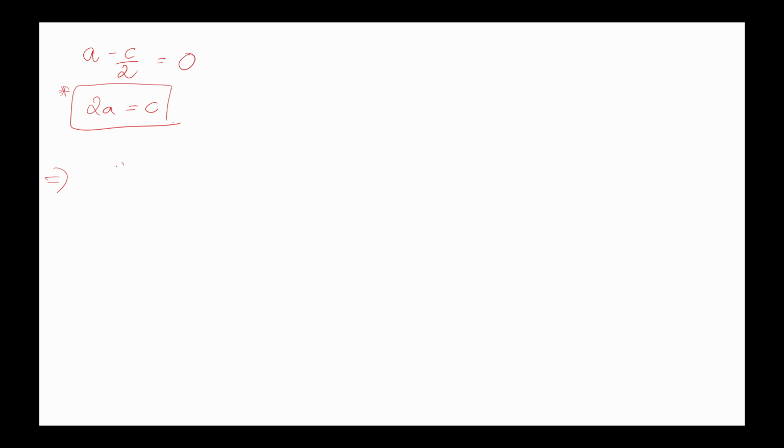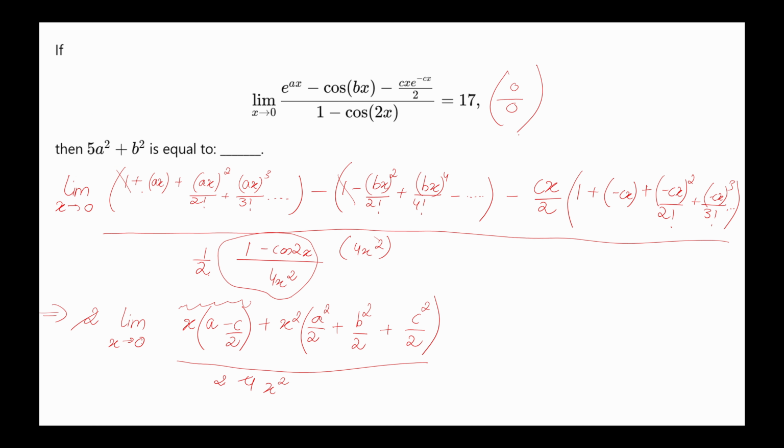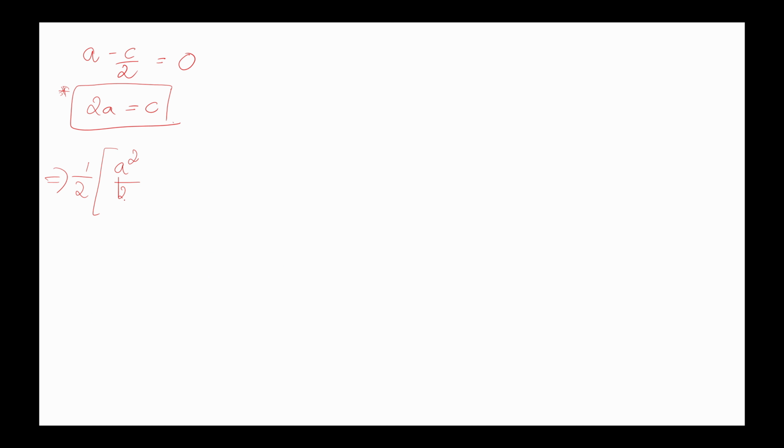So it would become a square by 2 plus b square by 2 plus c square by 2. This is my final solution, and this value is equal to 17 as they had told us in the question. So this becomes a square plus b square plus c square equals 2 times 17, so it becomes 34.